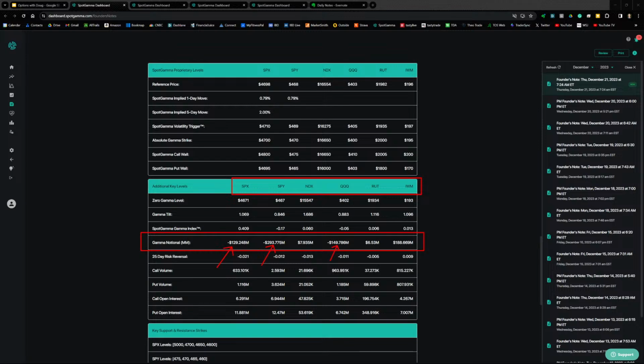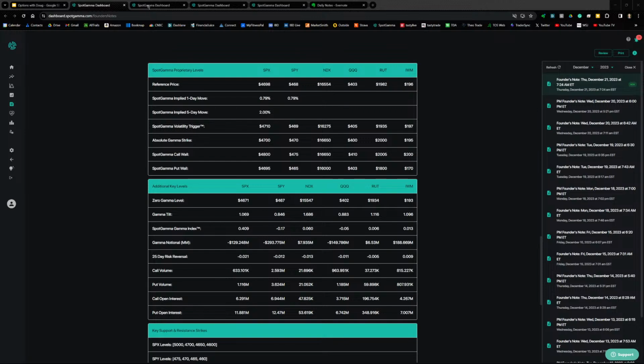All right, so all shifted lower. Gamma notional remains positive for the Russell 2000 and negative for the S&P 500 and the NASDAQ. Mainly looking at QQQ. NDX is not really significant.